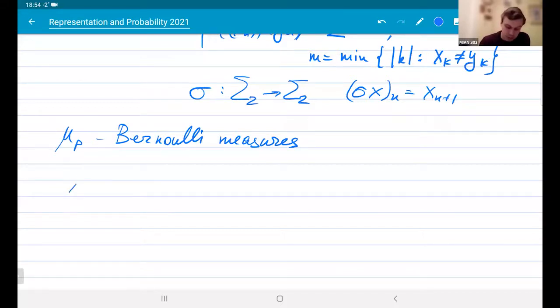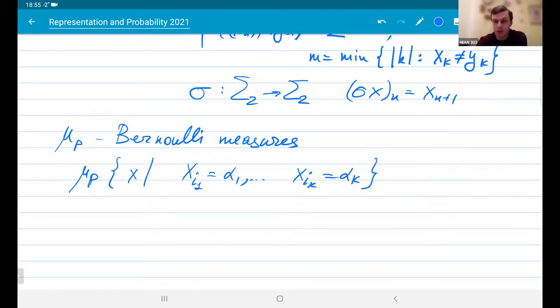So if you want to measure the set of all such sequences such that x_{i1} equals alpha_1, and so on, this is a so-called cylinder set. You say something about what it is at the position i1, the position i2, and the position ik.